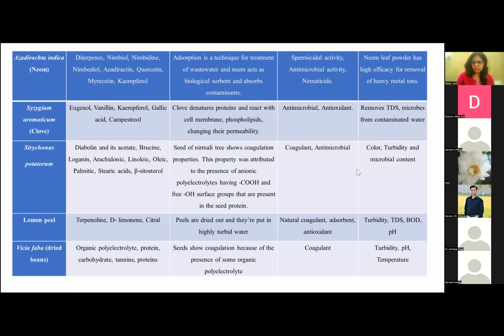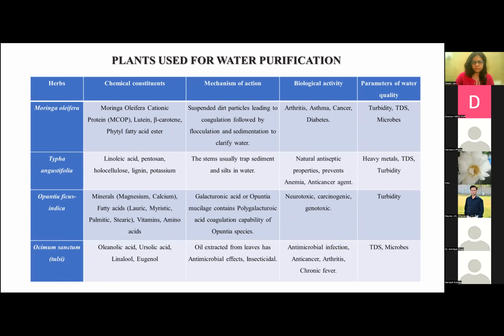How to go for an earlier slide? Tulsi. Oil extracted from the leaves has an antimicrobial effect. That is the effect of the oil which is present in this. Yes, Tulsi has antimicrobial activity.